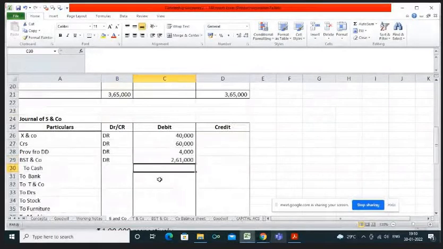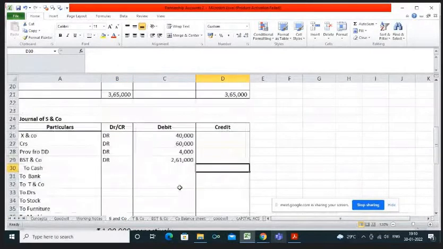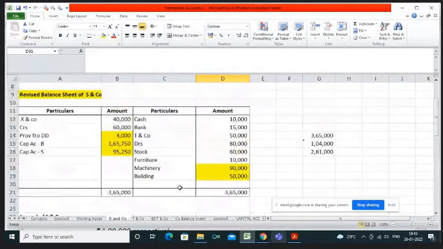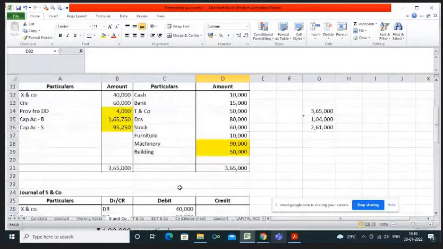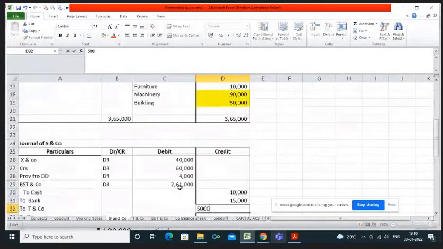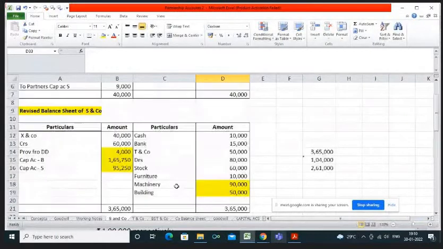So now I am debiting the BST and Co by 2,61,000, and I am crediting all the assets taken over. Cash 10,000 and bank balance 15,000, and then T and Co 50,000. To debtors 80,000.